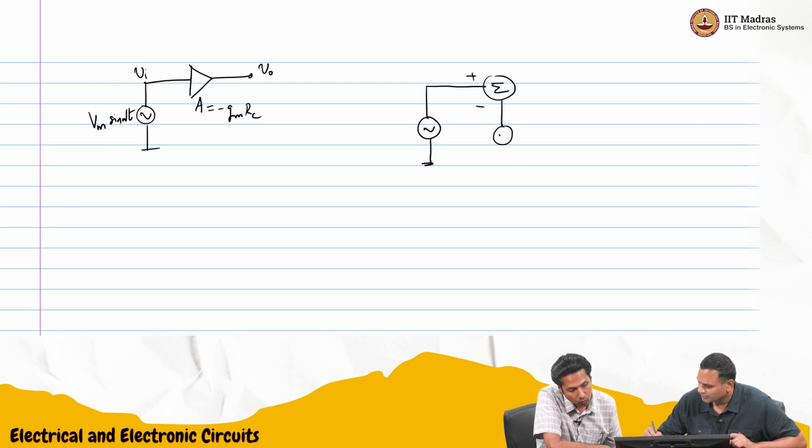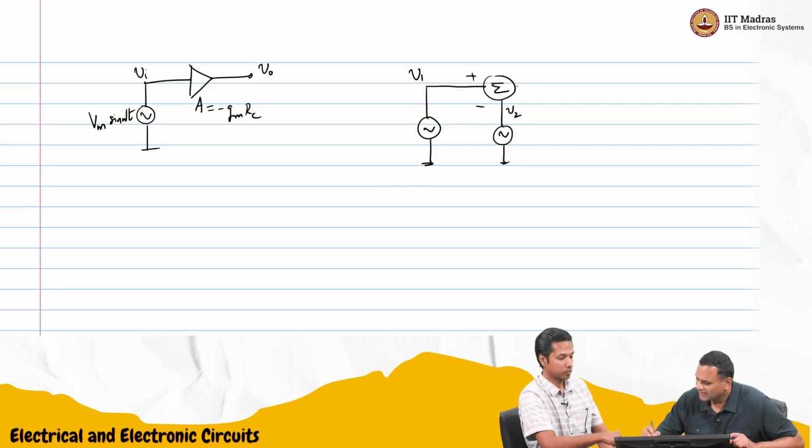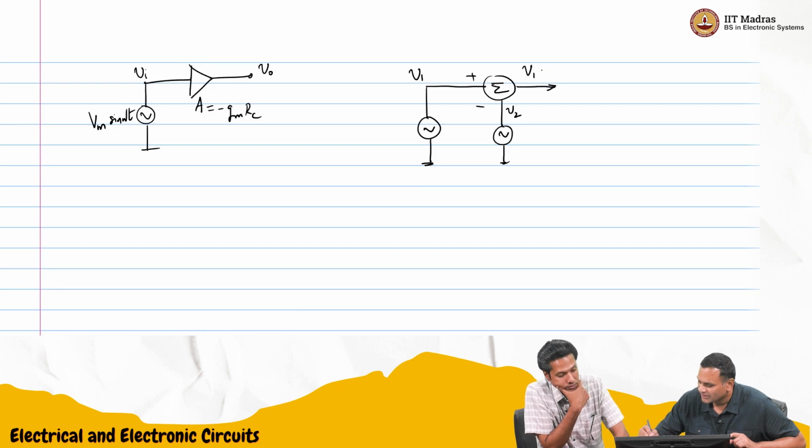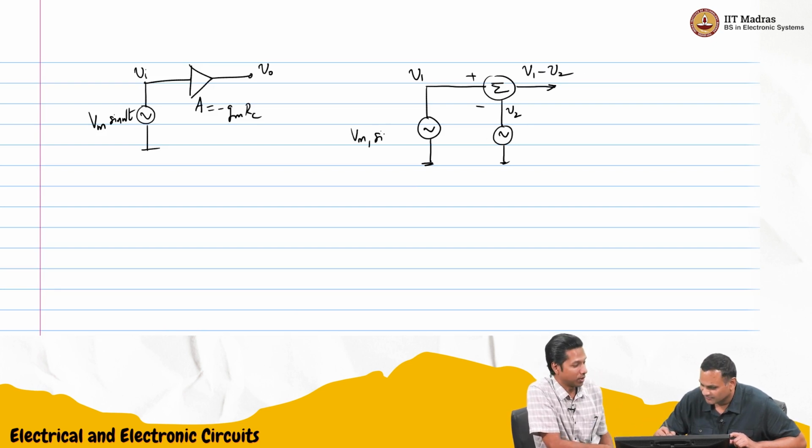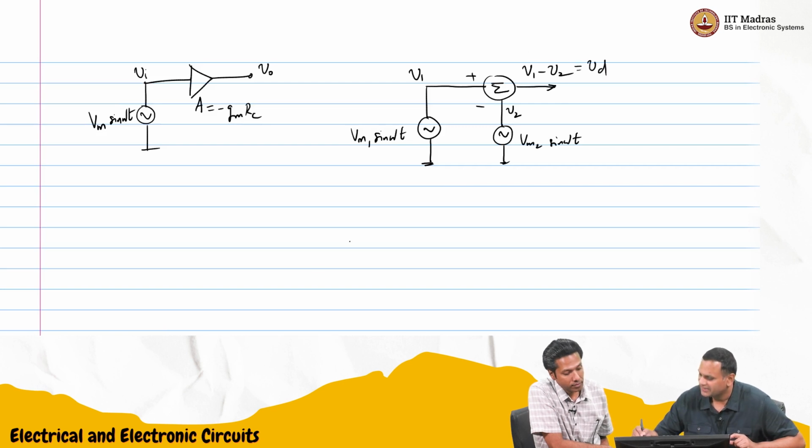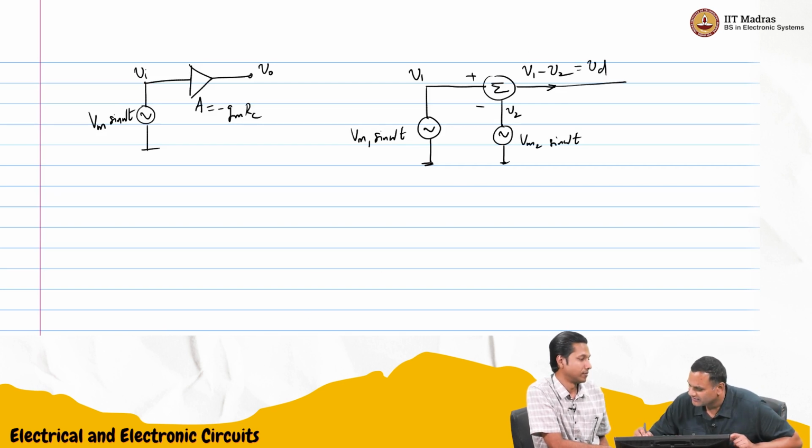So this is, let's say, V1 and V2, and you want to amplify V1 minus V2. So this is, let's say, VD, the difference voltage. So you want to amplify VD. Okay, so let's see how to do that.